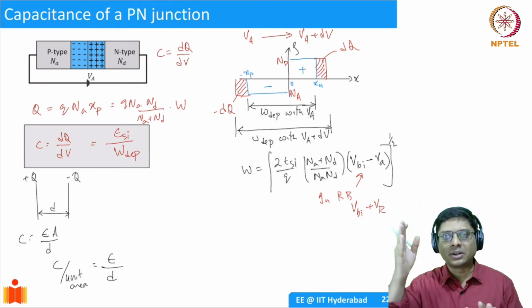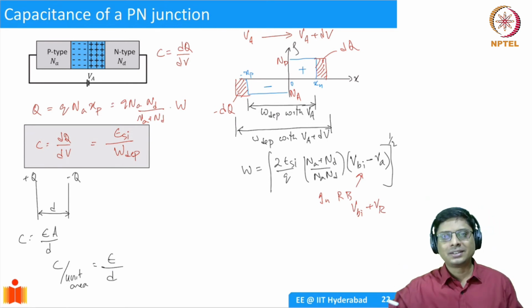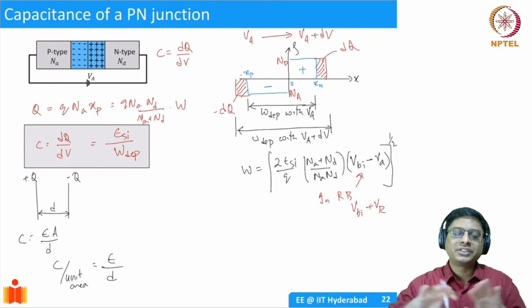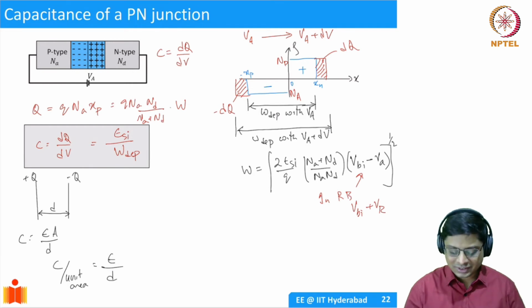The charge is not at one location, xn or xp. It is distributed over a region from 0 to xn and then from minus xp to 0, right? So even though you have this distributed charge configuration, the way the math works out, it comes back to this. There is an indirect way of thinking about it, but anyway, I'll leave it.